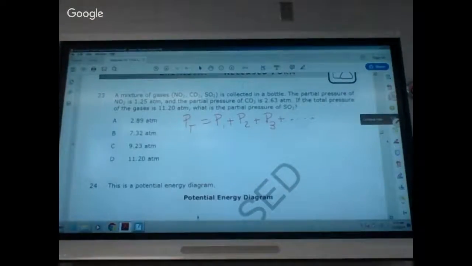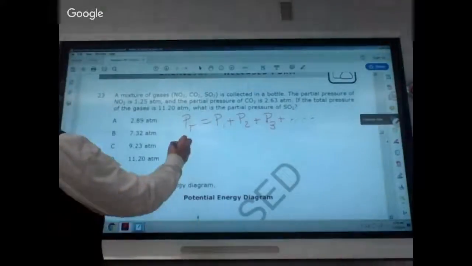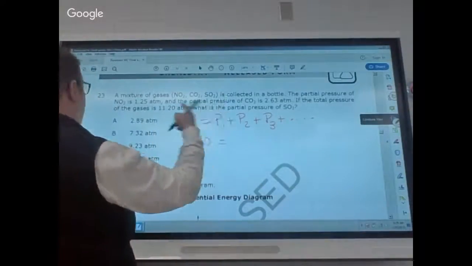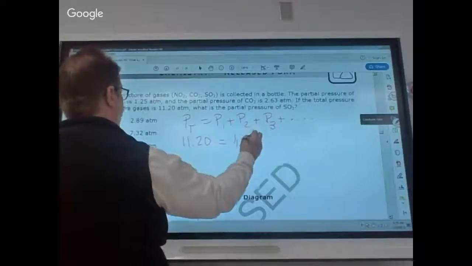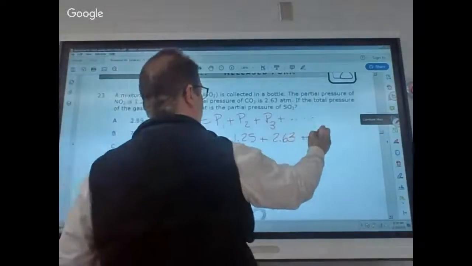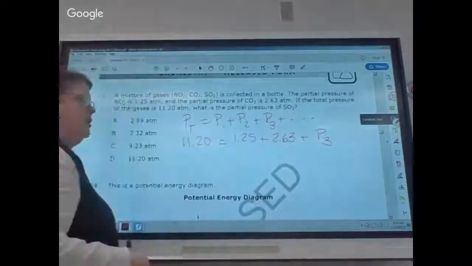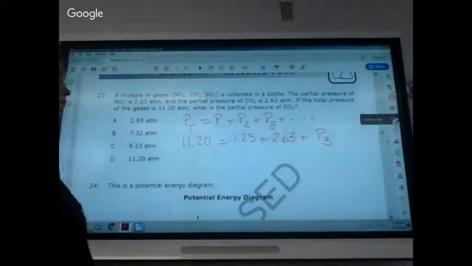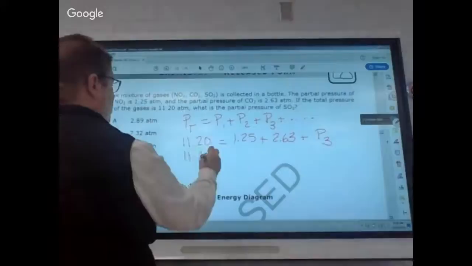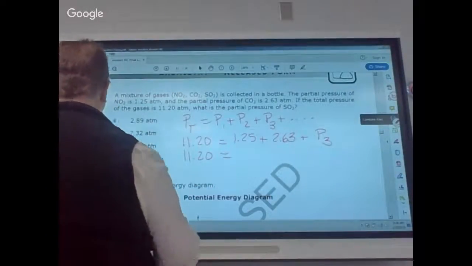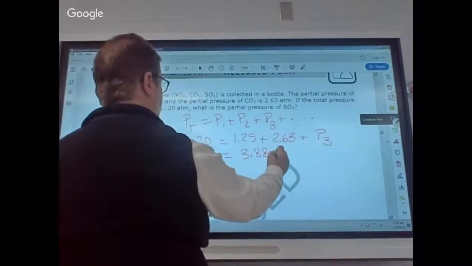Somewhere in here they told us the total: the total pressure is 11.20, the partial pressure of NO2 is 1.25, and the partial pressure of CO2 is 2.63. What is the pressure of SO2? So what do I do to solve? Add the two and then subtract. 11.20 equals 1.25 plus 2.63, 3.88, plus P3.